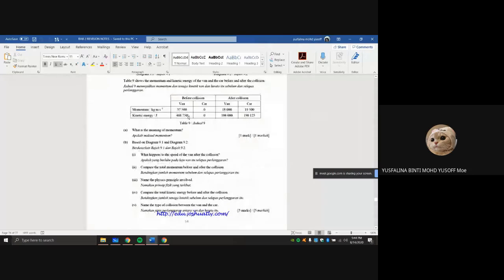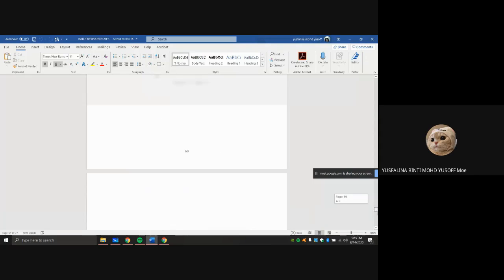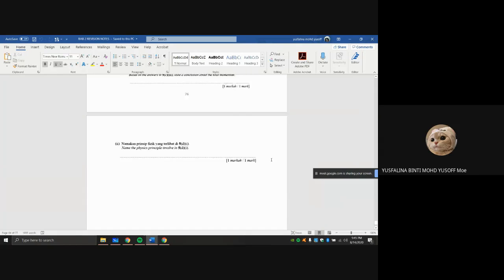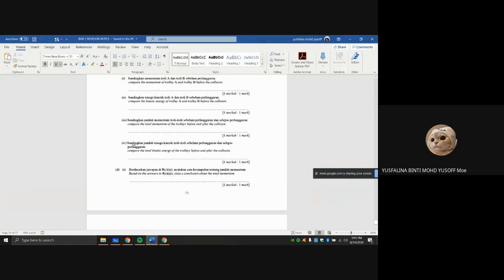Yeah, this one. So you can see the total kinetic energy before the collision is higher, right? So the question is, they said compare the total kinetic energy of the trolleys before and after the collision. So the total kinetic energy before the collision is higher, right?